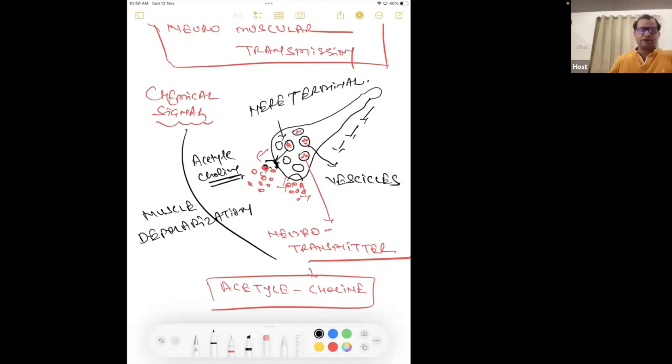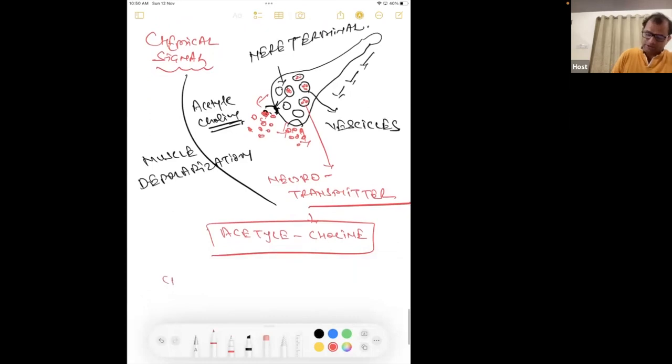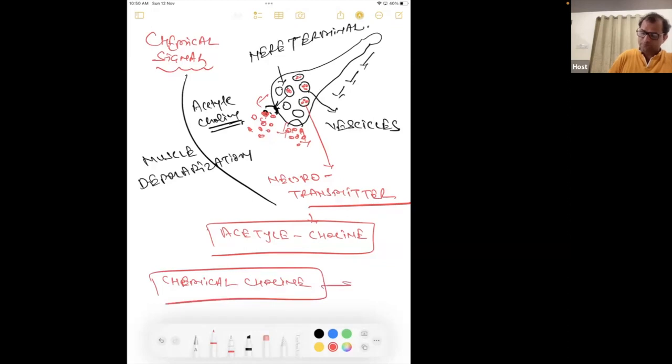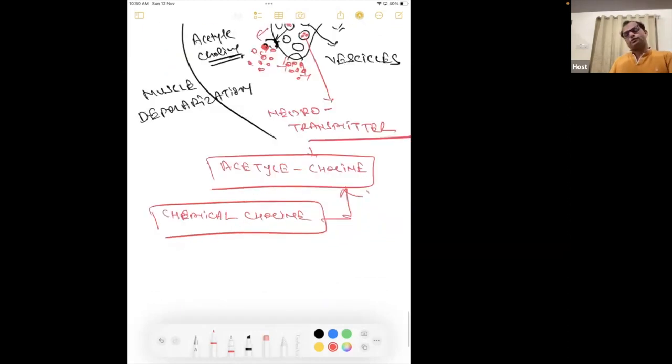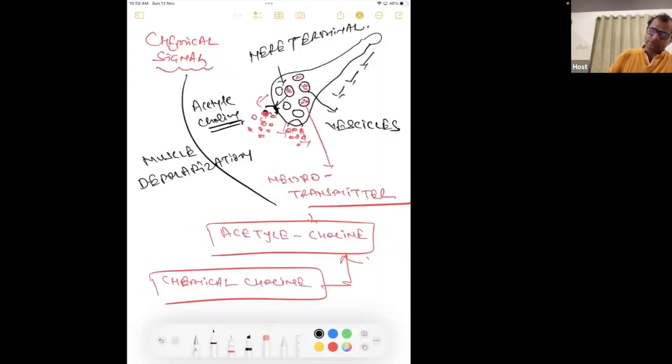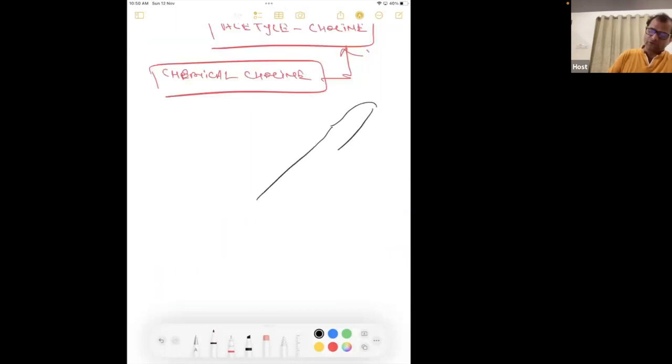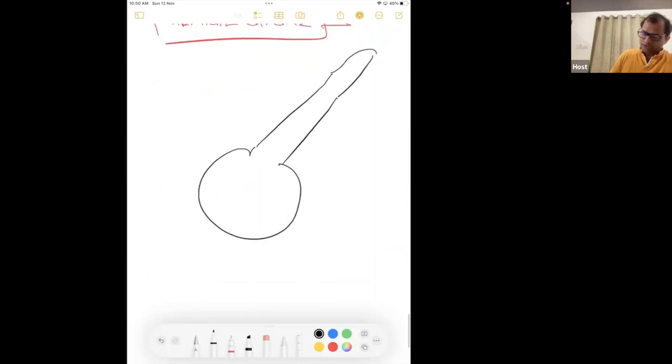So we have seen now that chemical signal means acetylcholine. Generally, the formation of acetylcholine happens here only, and it is deposited inside the nerve.